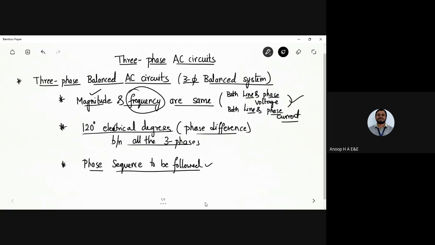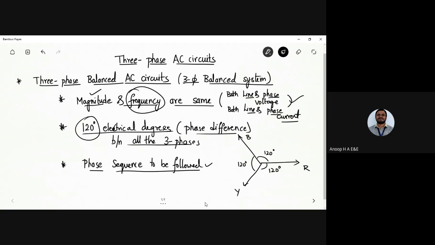Next, we have 120-degree phase displacement. You will be having R phase, Y phase, and B phase. R, Y, and B: this one is red, this one is yellow, and this one is blue. I have 120-degree phase displacement with respect to each other.